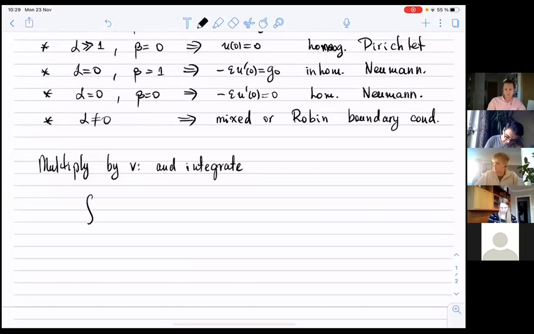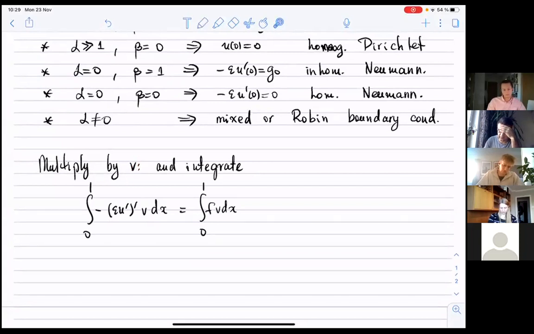So here we have the integral of minus (epsilon u prime) prime v dx from 0 to 1, equals the integral of f v dx from 0 to 1, for some smooth enough v. At this point we haven't decided what this v is.